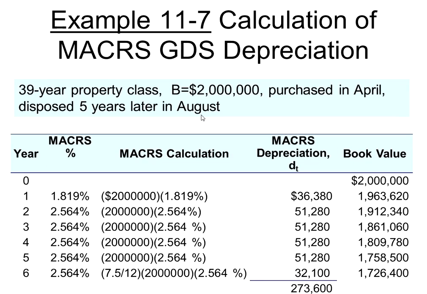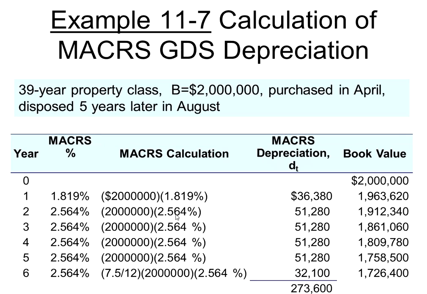We're using the half-month assumption, so only half of the August can be depreciated. So before that we had 7 months, and August is the 8th month, so only half of it. So 7.5 months can be depreciated. So this is 7.5 divided by 12, and that's the percentage of the year that's being depreciated, and then multiplied by the basis, multiplied by the rate for that year. And so multiplying this by this gives us the depreciation amount.